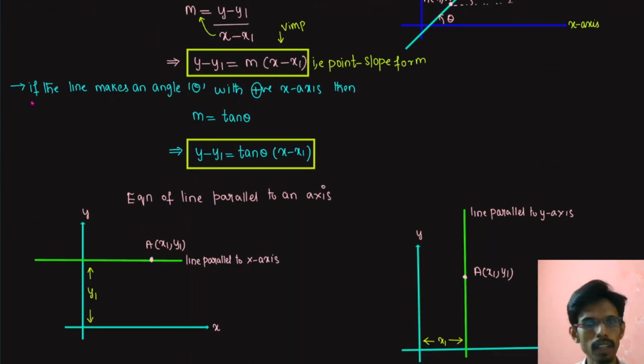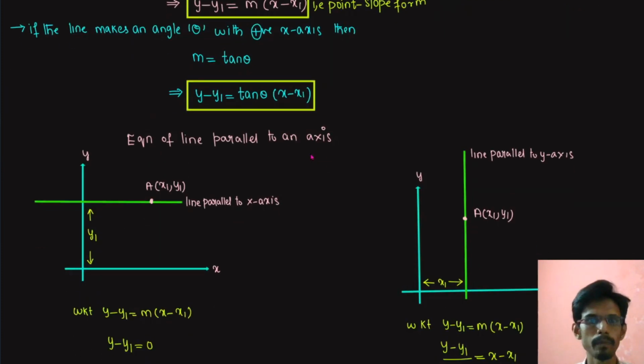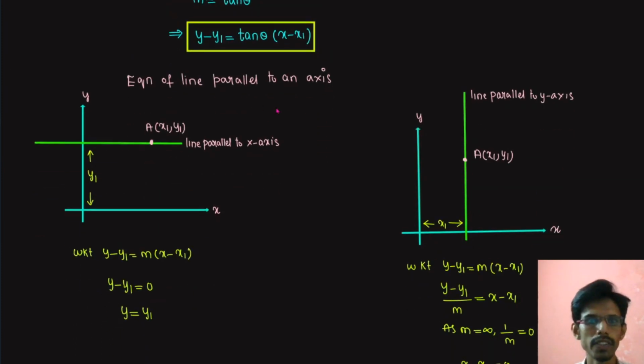Now if the line makes an angle theta with positive x axis, then we know m equals tan theta. So put the value of m here, we will get y minus y1 equals tan theta into x minus x1.